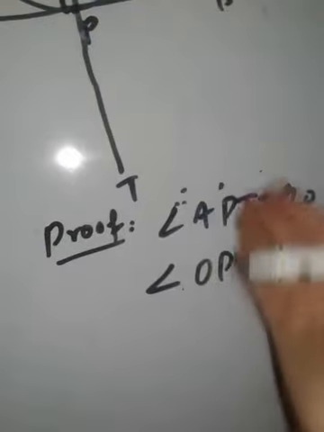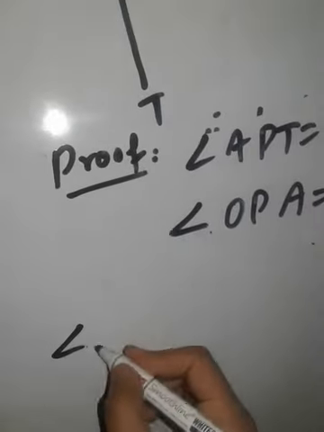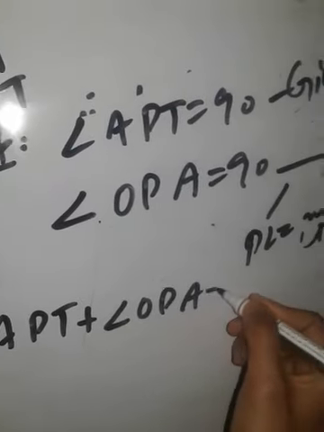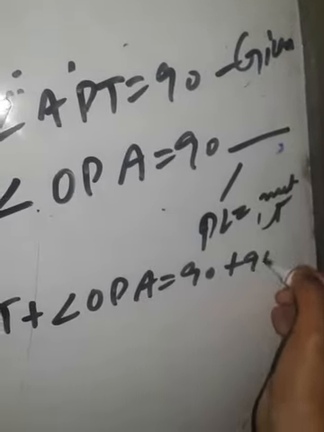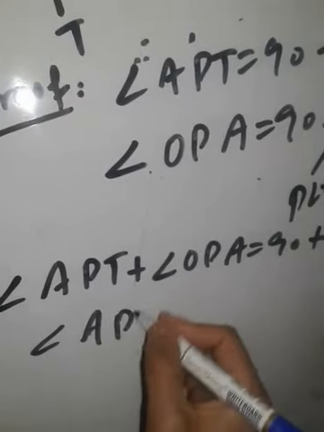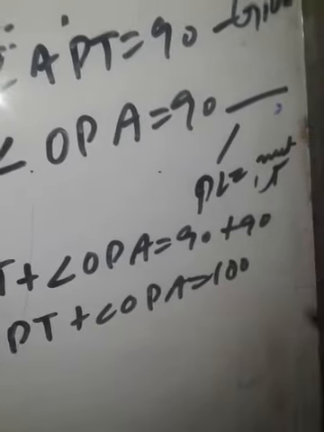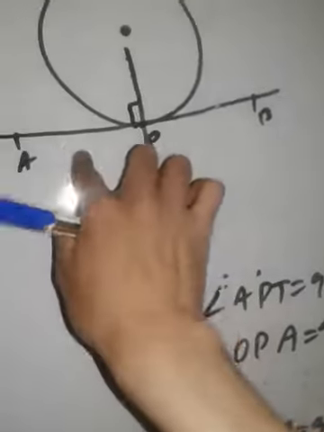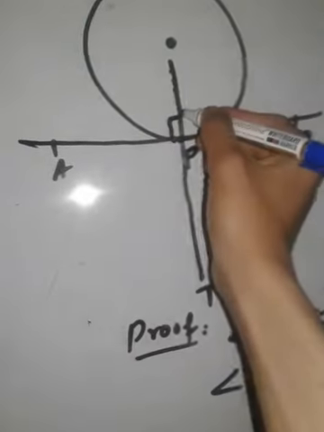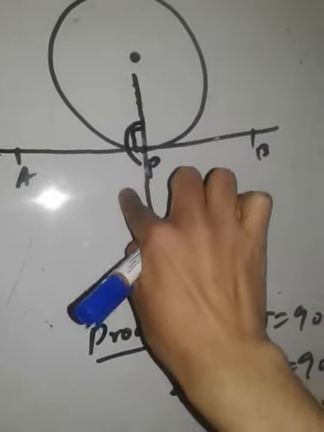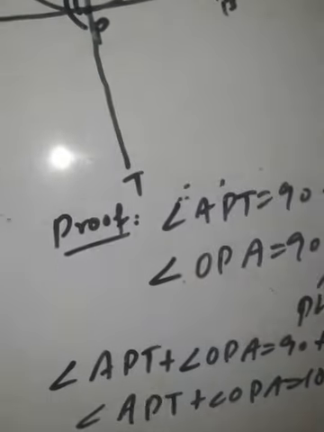So let us add up these two equations. We will write angle APT plus angle OPA equals 90 plus 90, so angle APT plus angle OPA equals 180. This means this whole angle is 180.